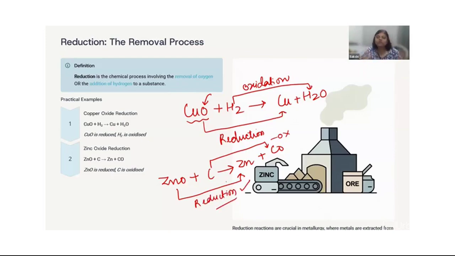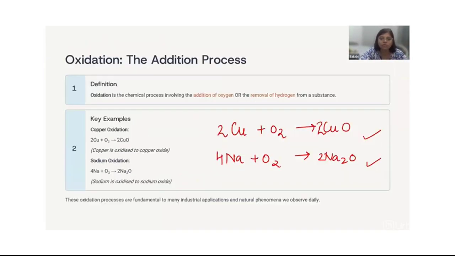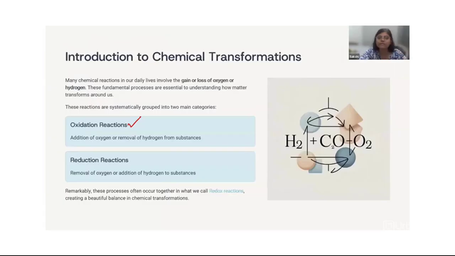Now, reduction and oxidation processes are used in the purification of metals to get pure metals, in metallurgy, which we will also study in detail. So for now, please remember that oxidation is addition of oxygen or removal of hydrogen. Reduction is removal of oxygen or addition of hydrogen to the substances.